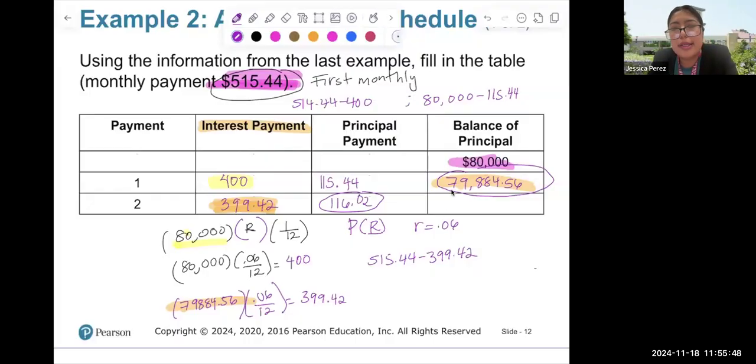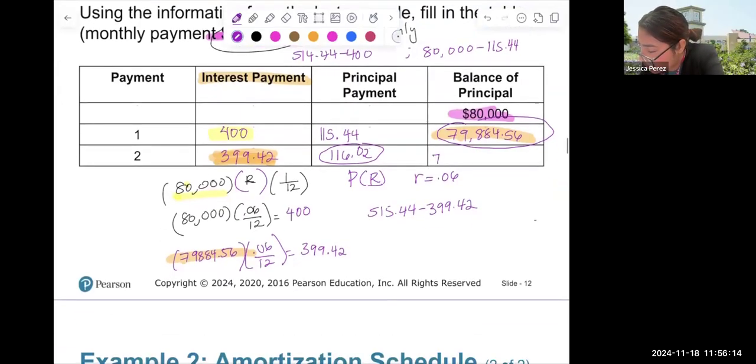Now, to find the remaining balance, I have to do 79,884.56 minus 116.02. And that's going to give me 79,768.54.